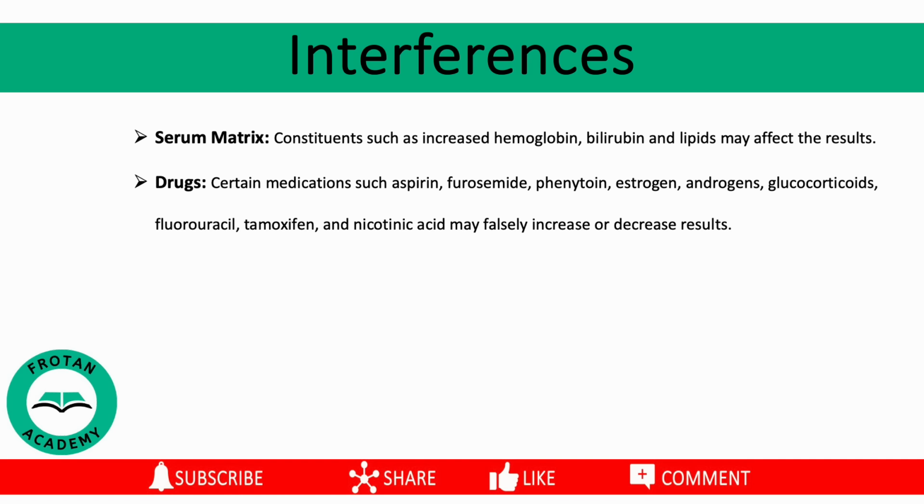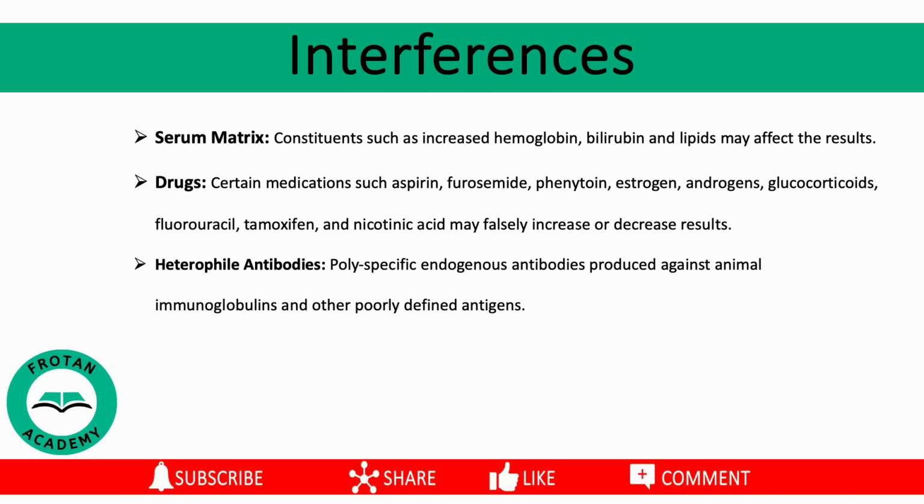Heterophile antibodies are polyspecific endogenous antibodies produced against animal immunoglobulins and other poorly defined antigens. These can interfere with immunoassays and produce false positive or negative results. Biotin is a water-soluble B vitamin, which is found in some foods and multivitamin supplements. It's also used in the treatment of multiple sclerosis, nail disease, and hair growth.